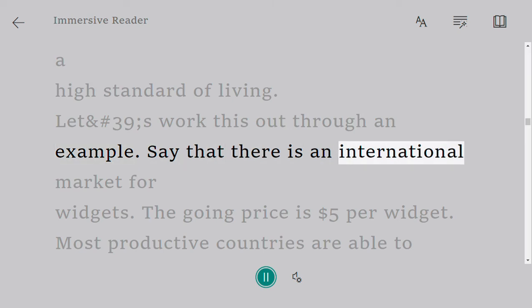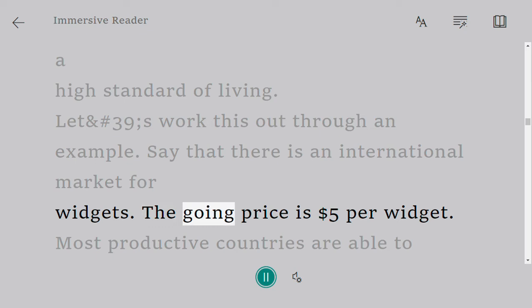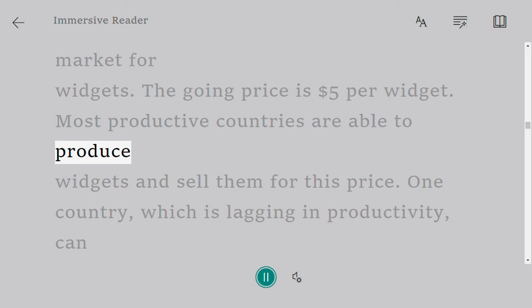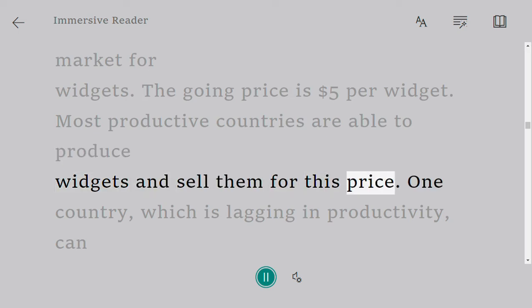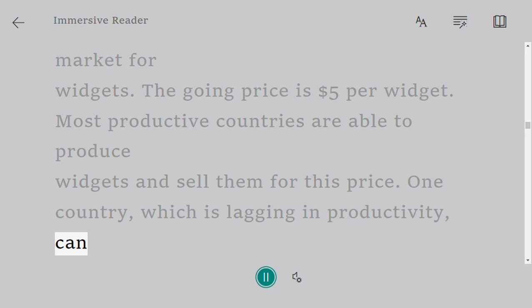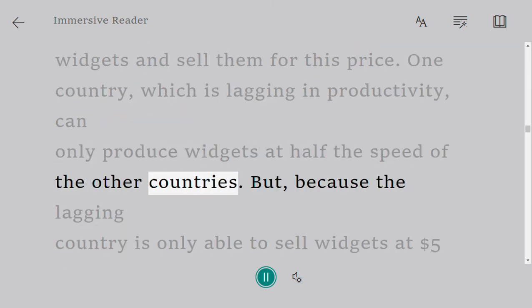Say that there is an international market for widgets. The going price is $5 per widget. Most productive countries are able to produce widgets and sell them for this price. One country, which is lagging in productivity, can only produce widgets at half the speed of the other countries.